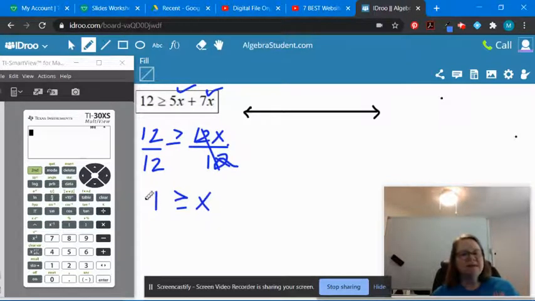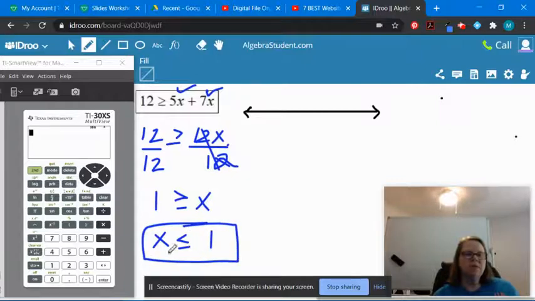Now, that is solved for x, but I need to turn it around so that x is on the left, which will give me an inequality that's really easy to graph. So with x on the left, that means that I have to turn this inequality around. If 1 is greater than or equal to x, then that means x is less than or equal to 1. All right, this is my solved inequality. This is what I'm going to graph.